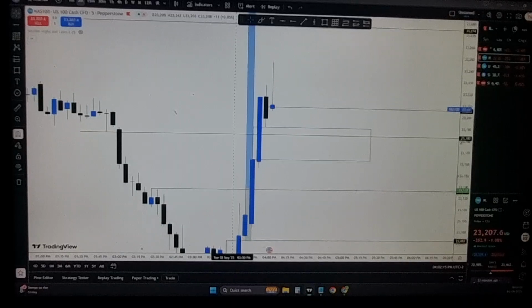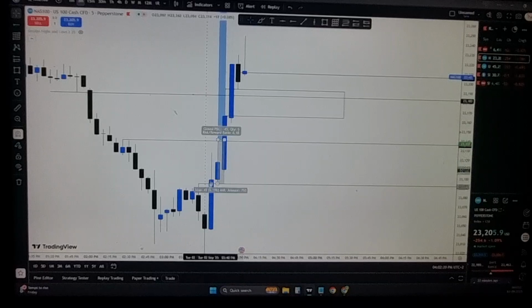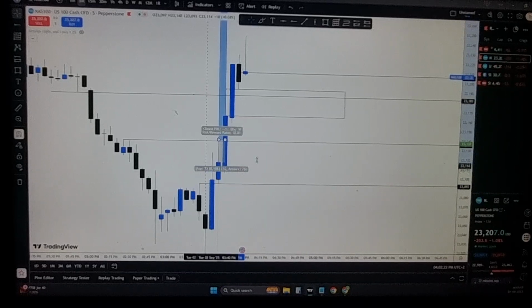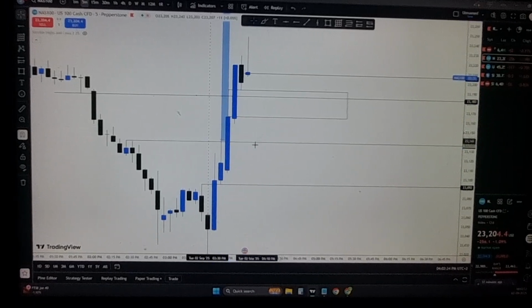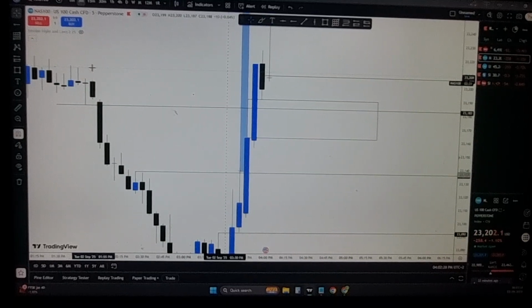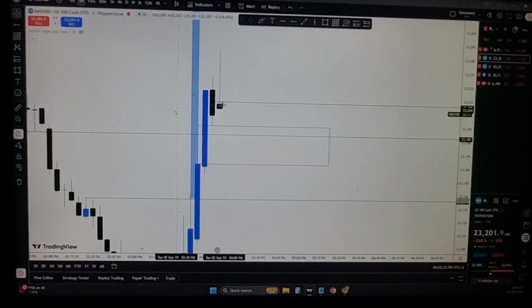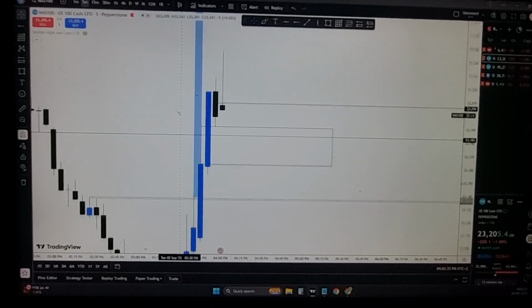Okay, so because we are forming a new fair value gap, I am gonna put my stops break even on this one because we already hit TP1. So this is definitely what I'm looking for.